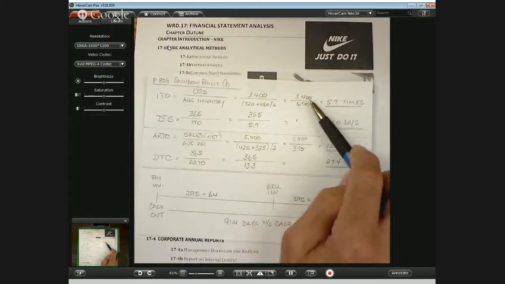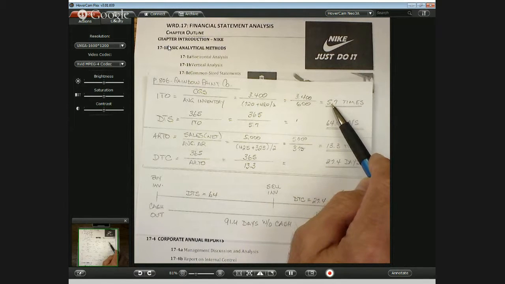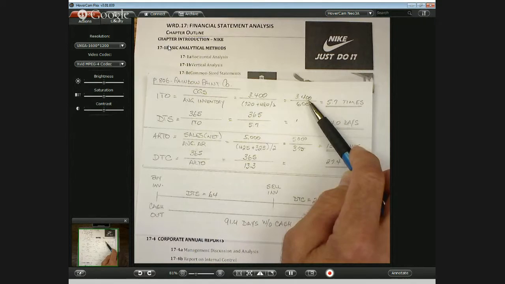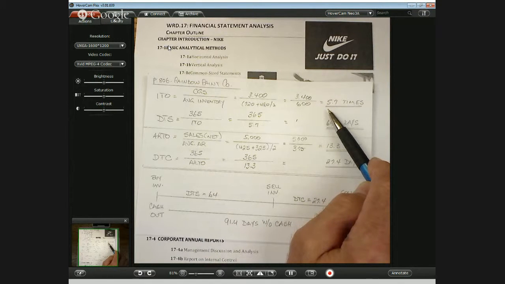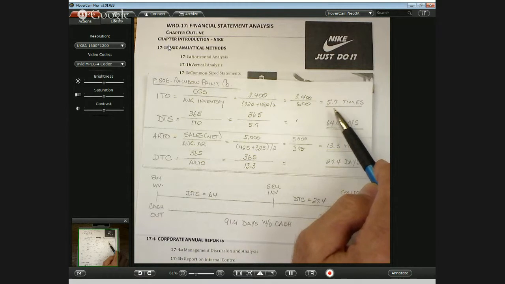So we have $3.4 million of cost of goods sold compared to $600,000 of inventory. That means that there would be $5.70 of cost of goods sold for every $1 of inventory, or the amount of cost of sales that we have is 5.7 times the size of inventory.